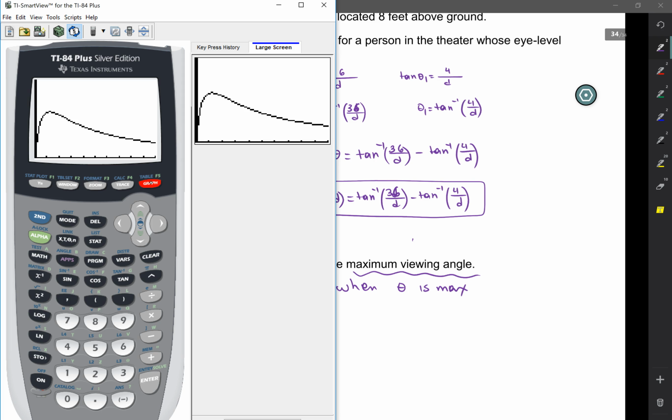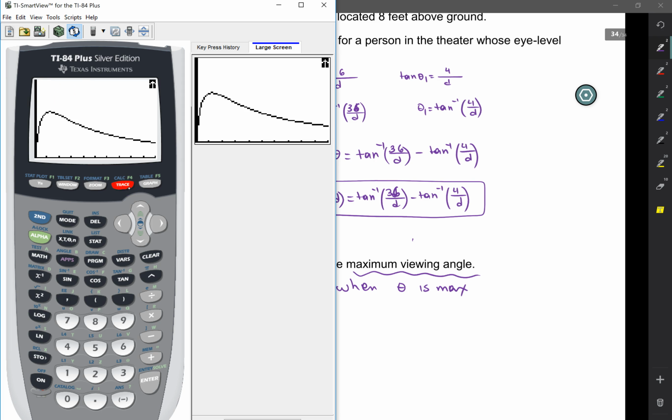These axes, the horizontal axis is d, the vertical axis is theta. The question is asking, when theta is a maximum, how much is your d? So let's go find maximum.